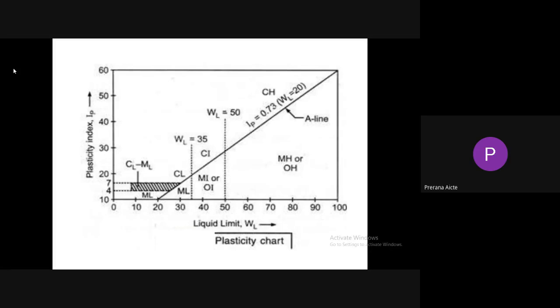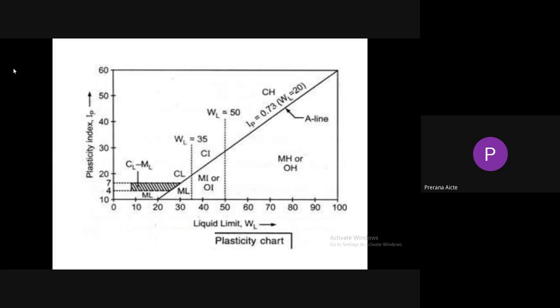Please follow what I am saying, it is very important: plasticity index is taken on the y-axis, and liquid limit is taken on the x-axis. Here one line is there, known as the Arthur Casagrande line. Casagrande developed this plasticity chart.